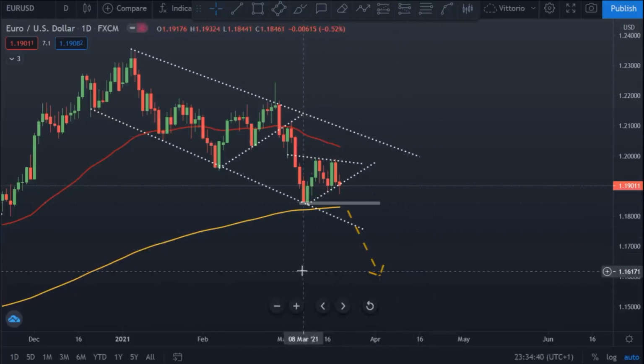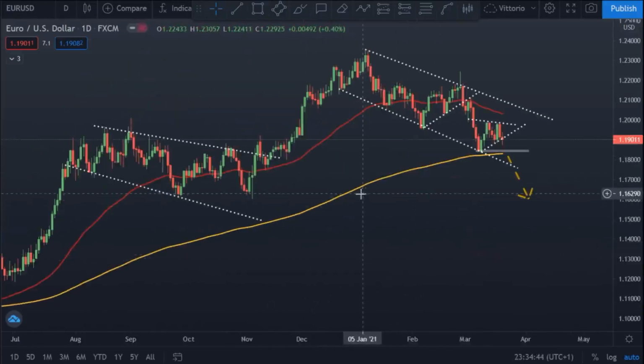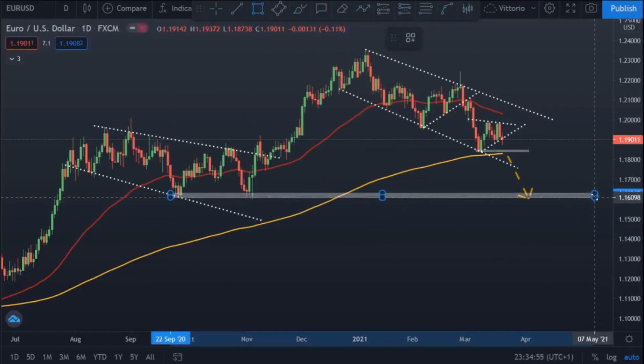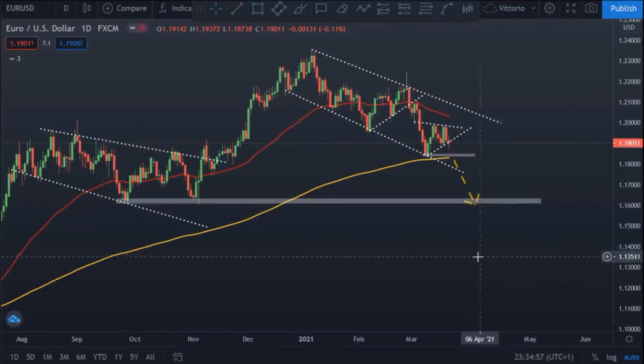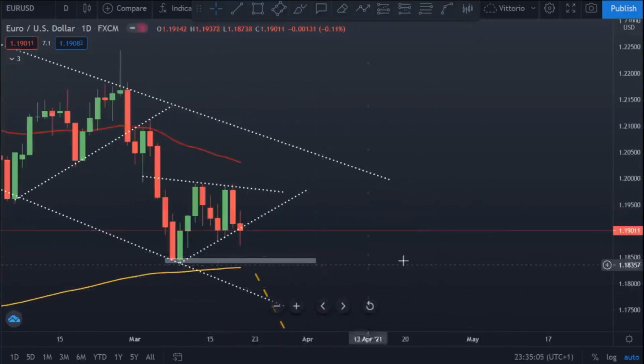So quite weird price action. The bears might be looking at this level right here, which is the September, October, November low. So this would be my last target for a bearish move, only if the price breaks down the 200 EMA.